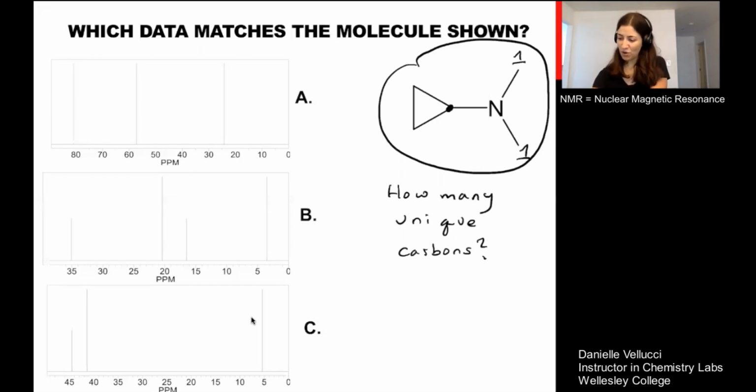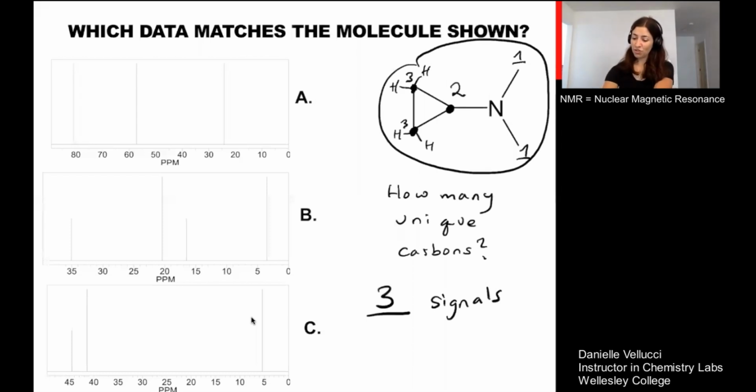Then we have the carbon that is part of this 3-membered ring, also attached to a nitrogen. We can call that 2. And then we have a scenario that we've kind of seen before, where these remaining 2 carbons are both attached to carbon 2, both attached to 2 hydrogens. And so they are chemically the same. We call them 3, okay? So the first thing we know is that we should be looking for how many signals in our C13 spectrum. 3, okay? 3 signals.